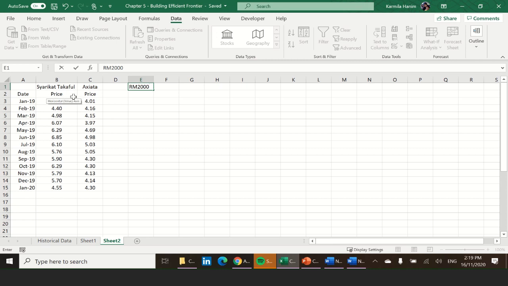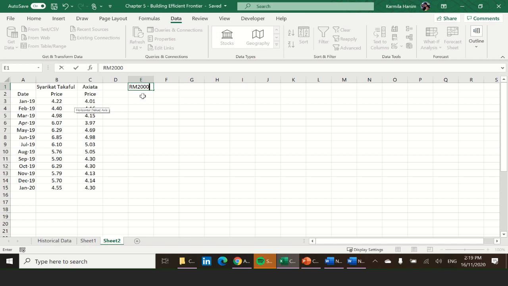Okay, so next you have to determine how much will you invest in Syarikat Takaful and how much will you invest in Axiata. So this is to find the weight or proportion of your capital investment in each of this stock.